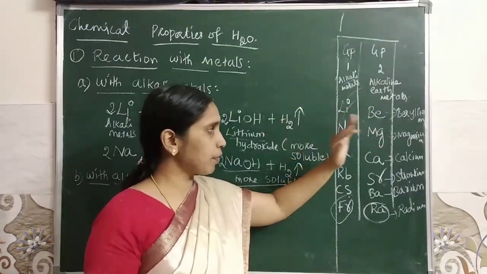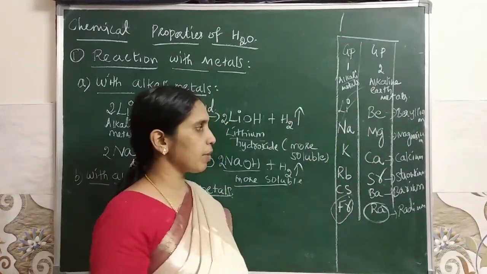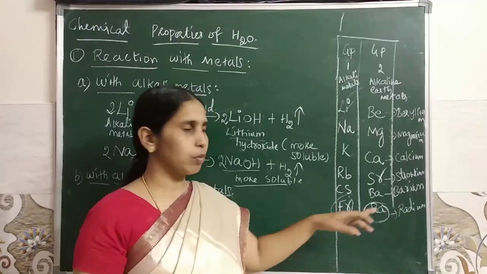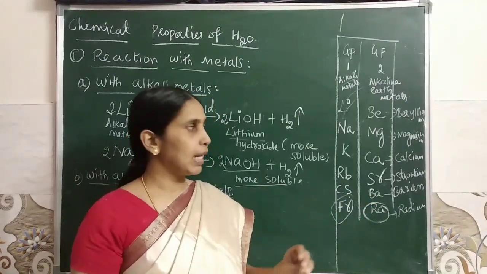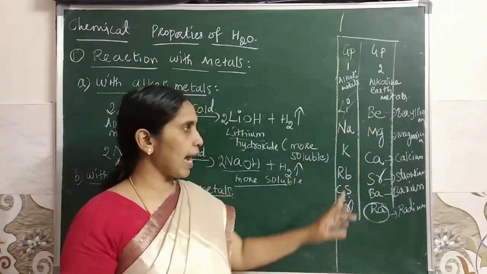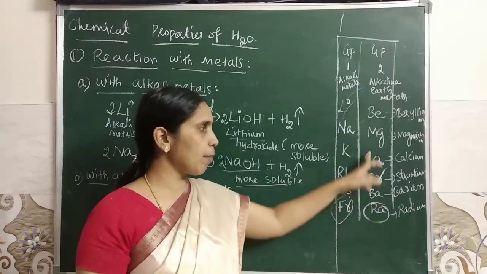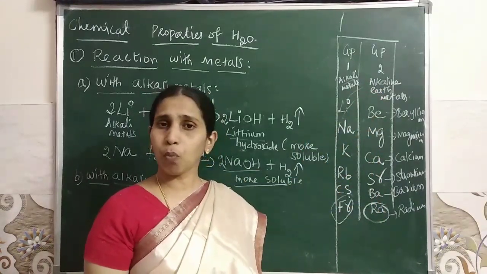Avoiding beryllium, we can write magnesium reacts with water, or calcium, strontium or barium reacts with water. Except beryllium and radium, all other elements in group 2 react with water.